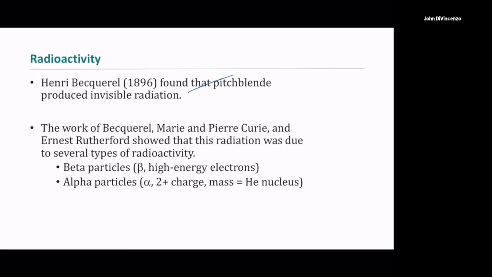So it gives off alpha and beta particles and gamma rays in an attempt to give off energy to stabilize. Okay? So if something is in a high energy state, it gives off energy until it gets to a more stable state.